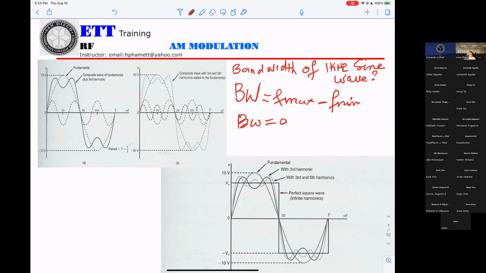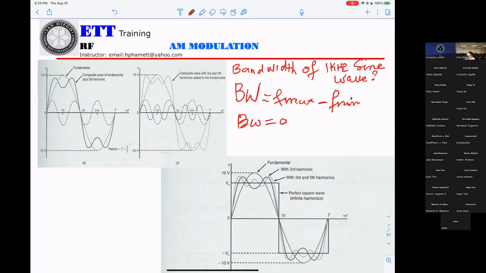However, if they're asking about the bandwidth of the square wave, that's different. The thing is the square wave will be combined of too many sine waves. Fundamental, third harmonic, fifth harmonic. Okay.